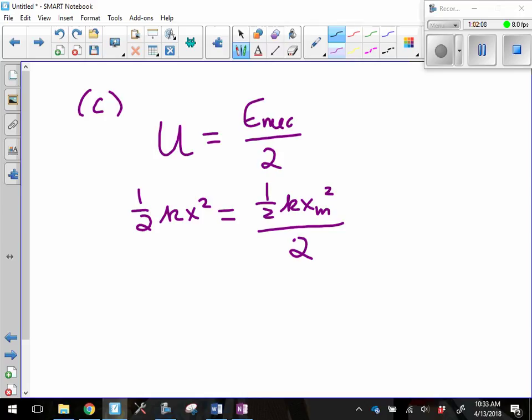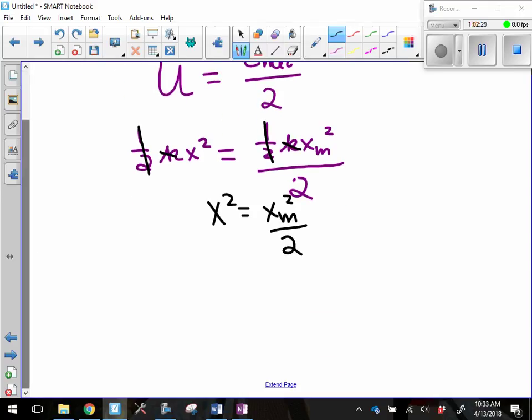So I can cancel some things here, right? Okay, so I can cancel this half and this half. I can cancel k and k. And I'm left with x squared is xm squared over 2. Okay, so what's x going to be?